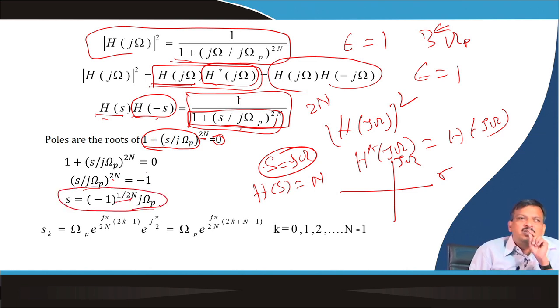Those are the pole positions. Now, H(s) has n number of poles because the order of the filter is n. This small n varies from 0 to n minus 1.